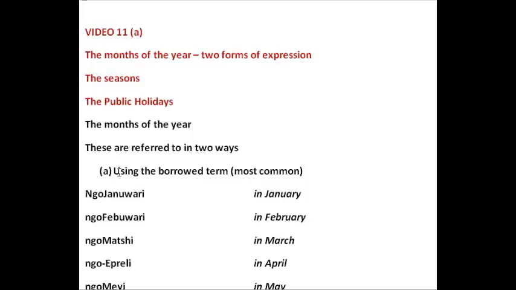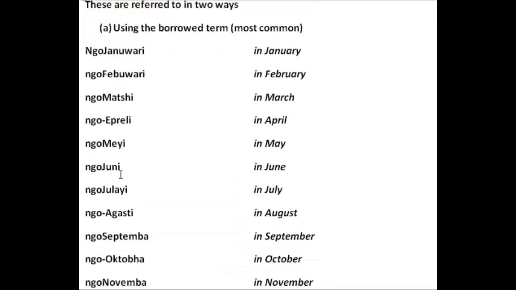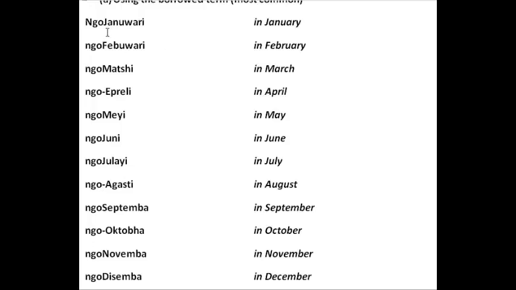First of all, using the more common borrowed term: ngo January, ngo February, ngo March, ngo April, ngo May, ngo June, ngo July, ngo August, ngo September, ngo October, ngo November, and ngo December.